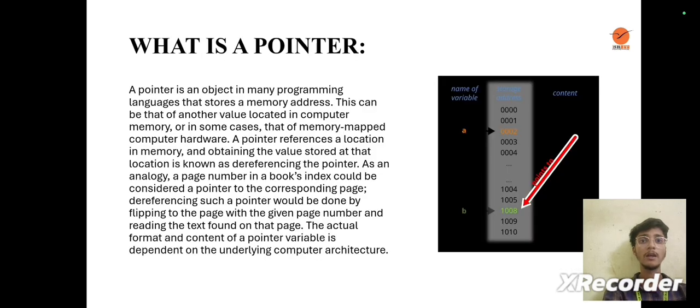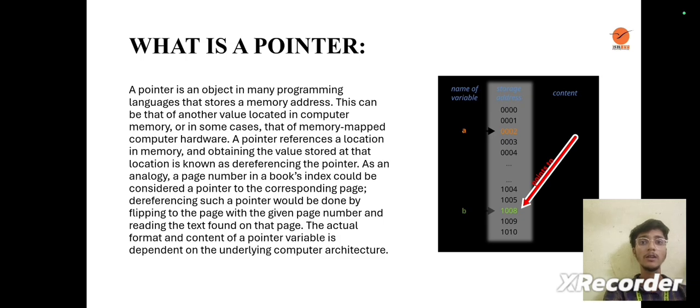A pointer is an object in many programming languages that stores a memory address, which can be that of another value located in computer memory, or in some cases that of memory-mapped computer hardware. A pointer references a location in memory, and obtaining the value stored at that location is known as dereferencing the pointer.